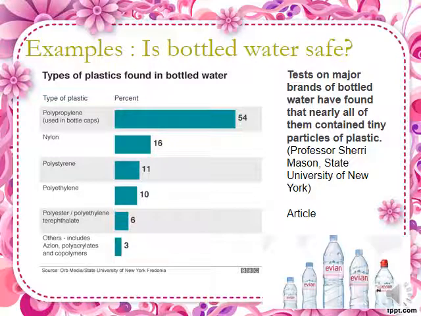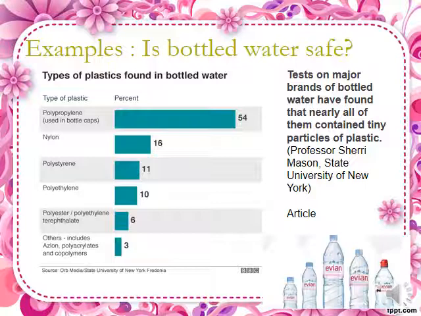I have also attached the article on this in Ellipse, so you can read the details of the article. So the question is, is bottled water safe? Mineral water bottles.